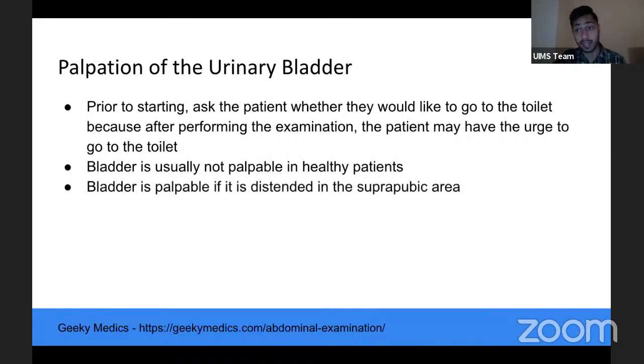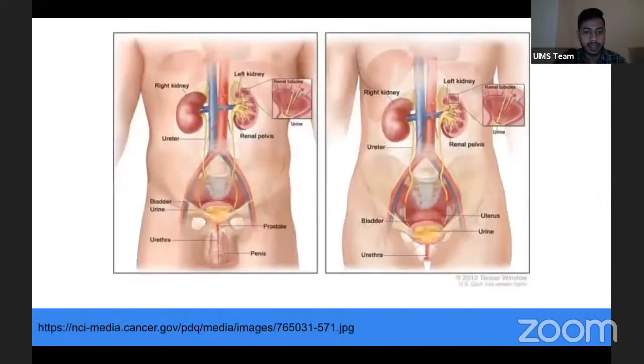However, if you have a full bladder in the form of distension, retention, and obstruction in the urinary tract, it can cause bladder distension in the suprapubic area. I couldn't find a very good image of someone palpating the urinary bladder, but I think you can use your imagination here to find out where you would palpate the bladder in a male and a female.